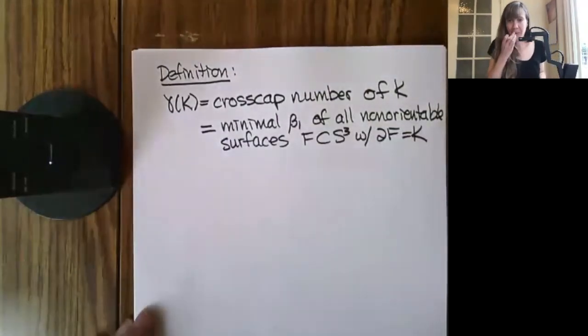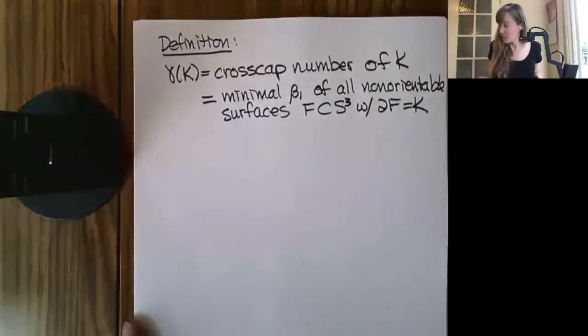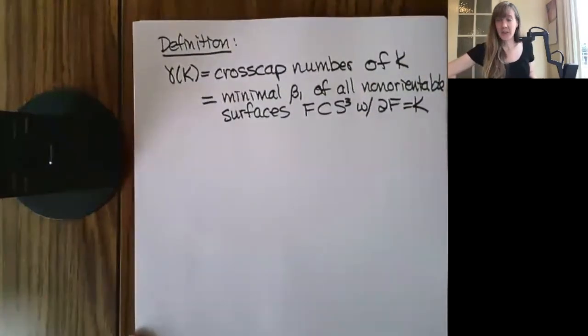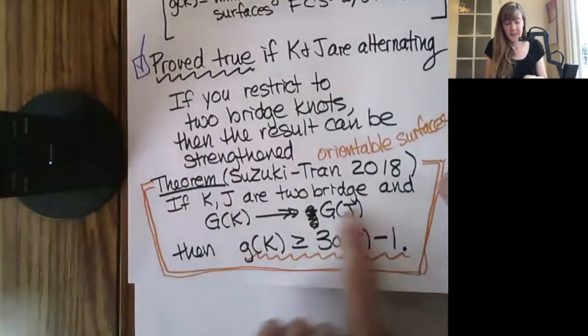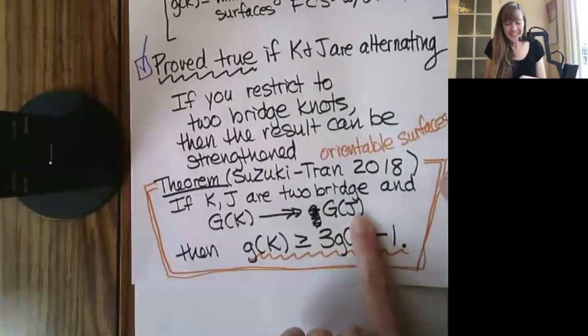All right, so with that definition made, we can state an analog to the Suzuki-Tran result. So we'll have the same beginning to the theorem and then a relationship on crosscap numbers.